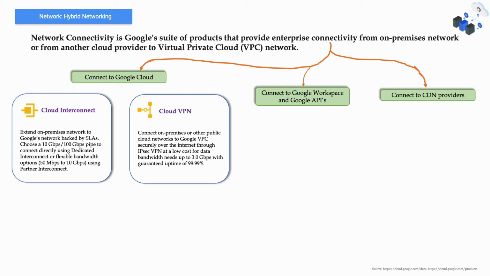Cloud VPN securely connects on-prem and cloud VPC networks to the Google VPC network through an IPsec VPN connection.